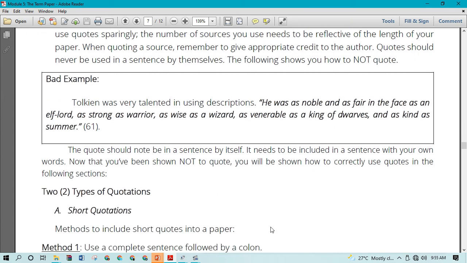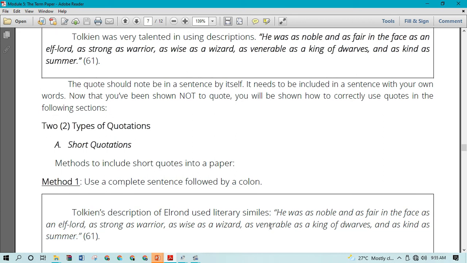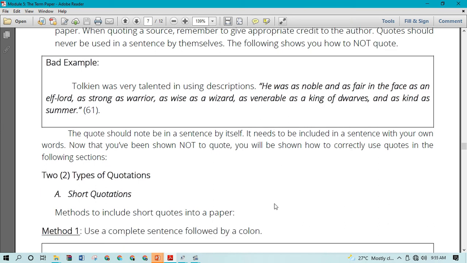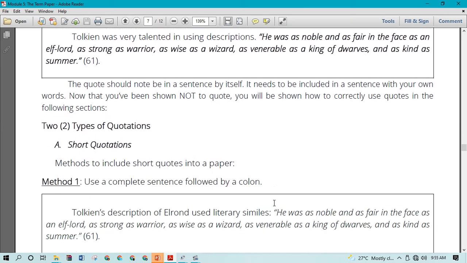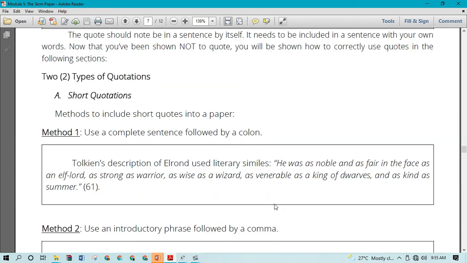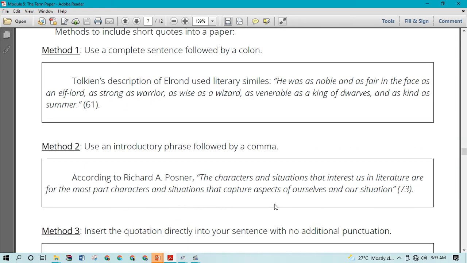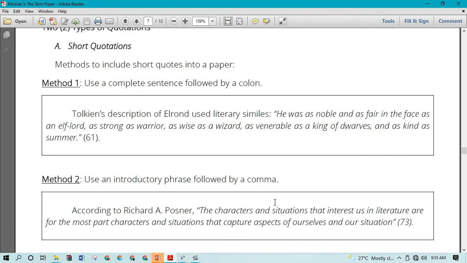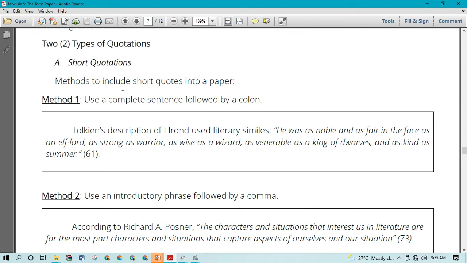For instance, here there are 2 ways or methods. We have the short quotations and the long quotations. For short quotations, you may use a complete sentence followed by a colon.